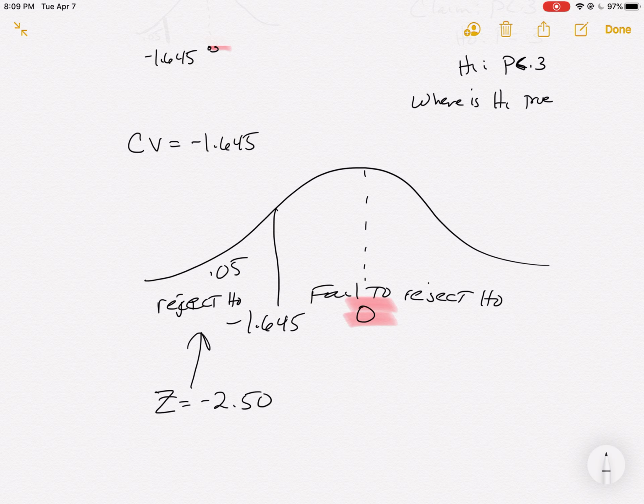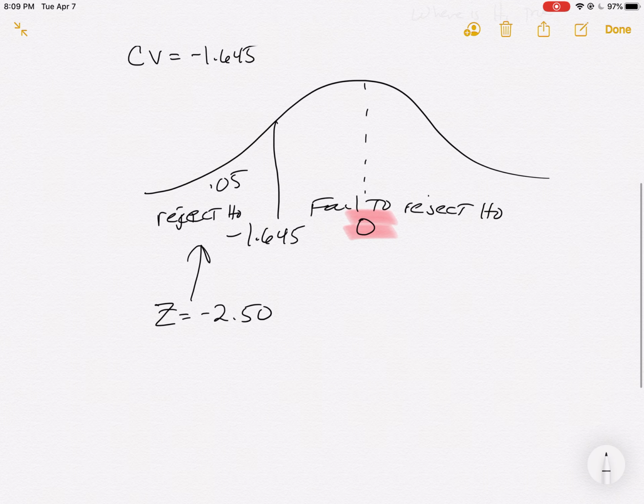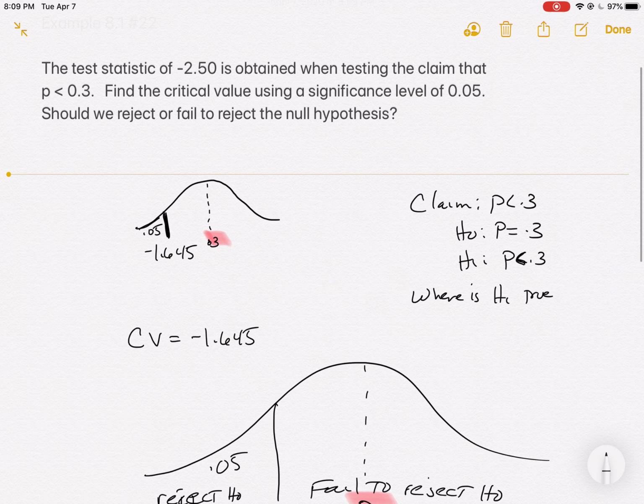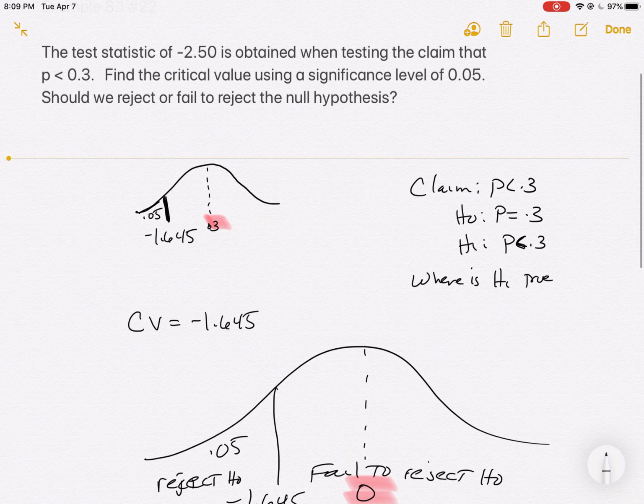Failing to reject it because it's either true or not super false, and we want it to be super false, so that's when it's beyond 1.645. So because we're at negative 2.50, we're going to reject the null hypothesis, and therefore we would have sufficient evidence to support the claim.